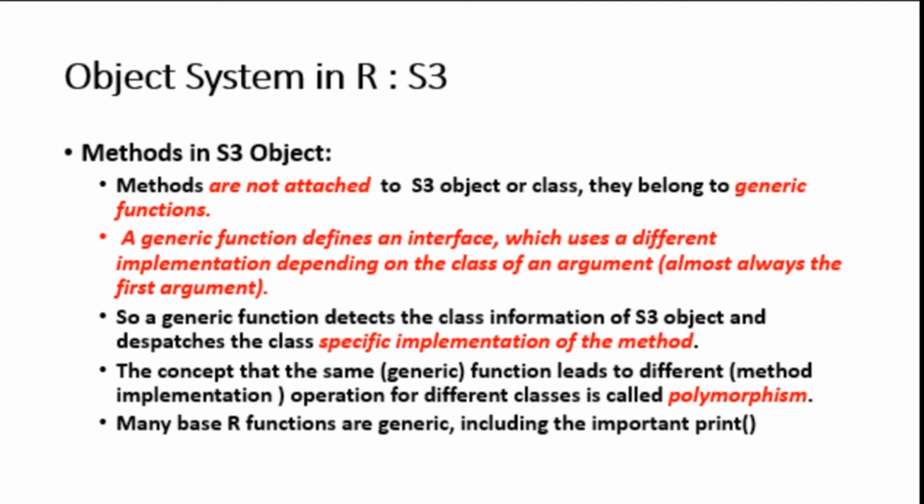A generic function is an interface to many method implementations. Depending on the value of the class attribute of the object on which the generic function is called, one of the implementations is used. Therefore, generic functions are polymorphic functions.